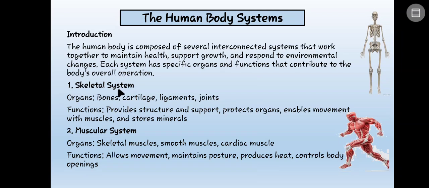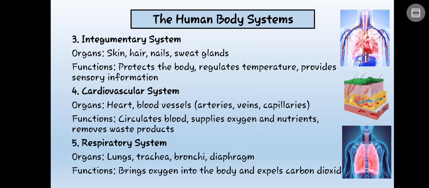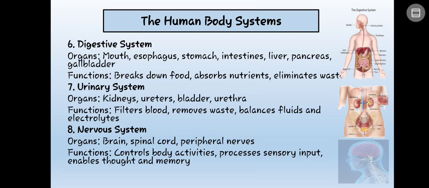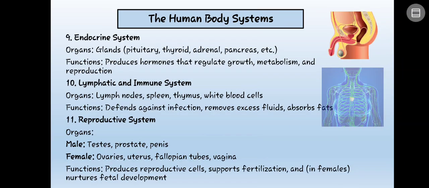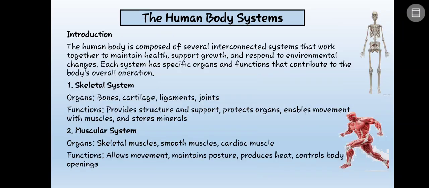So the systems in the body are the skeletal system, the muscular system, the integumentary system, the cardiovascular system, the respiratory system, digestive system, urinary system, nervous system, endocrine system, lymphatic system, immune system, and reproductive system. These are the various systems that we have in the human body.